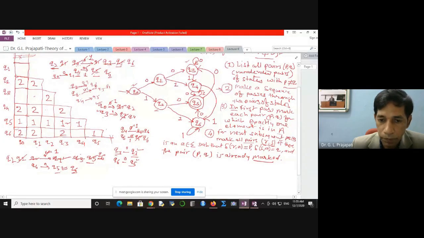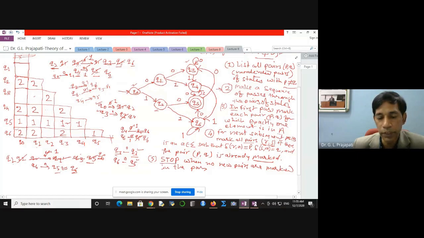So step 5: you need to stop when no new pairs are marked in the pass. You have seen that in this pass you have not marked any pair, so your algorithm is going to stop.